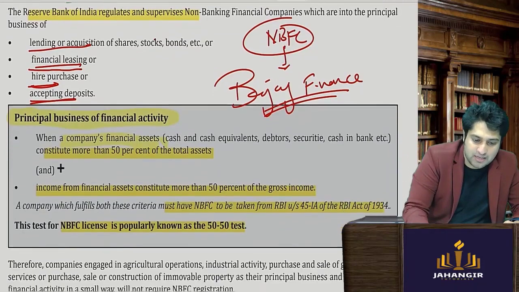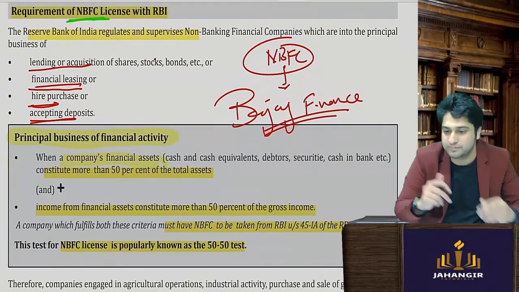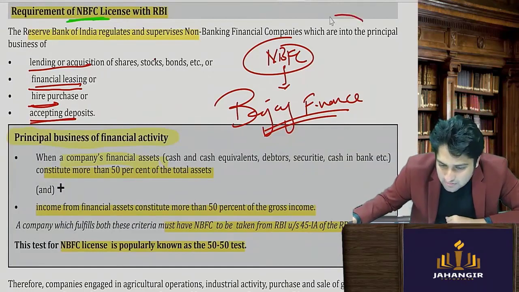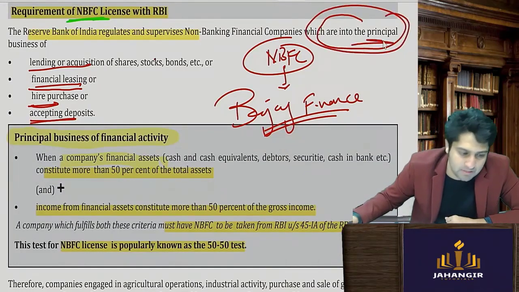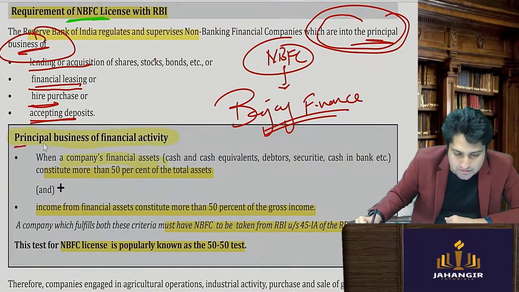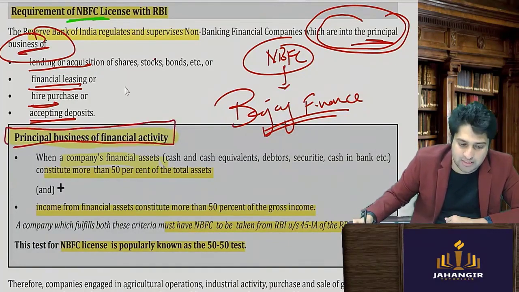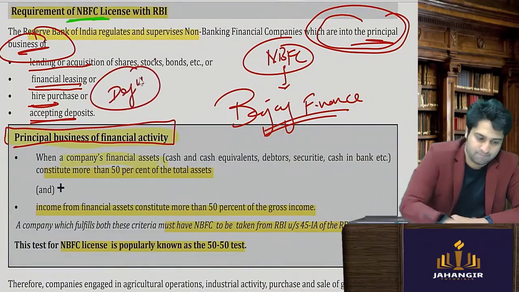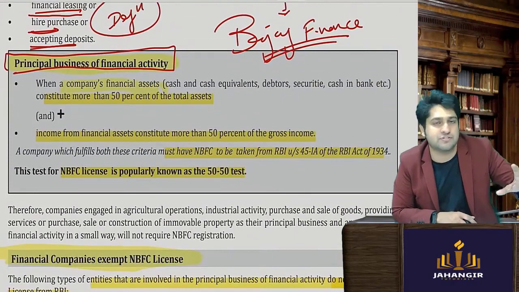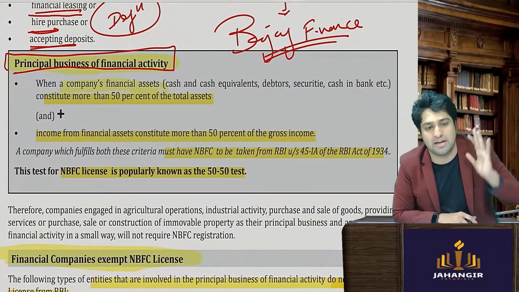Now, an NBFC is something whose principal business is lending and borrowing. When I say principal business is financial activity, they can ask you for the definition. अभी NBFC का logic सुनो. Now pay attention to what I'm saying.